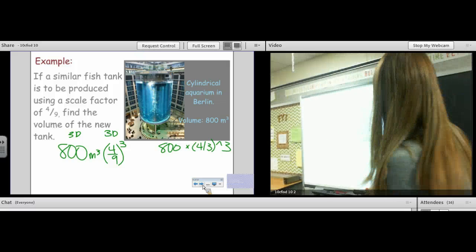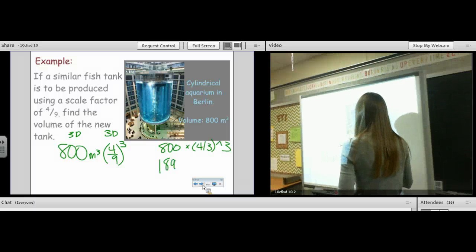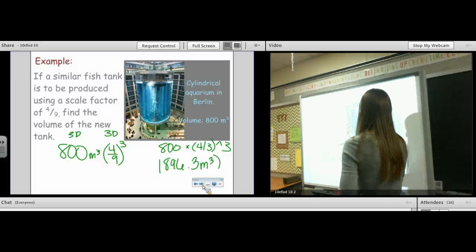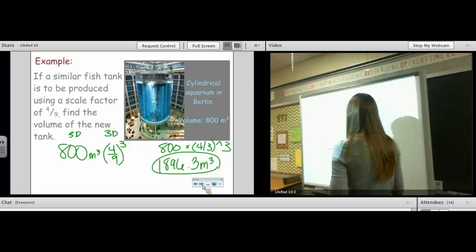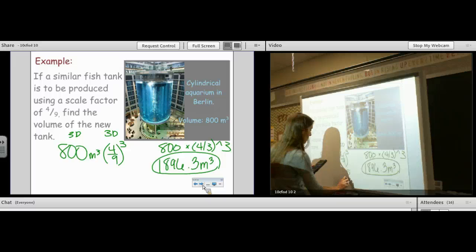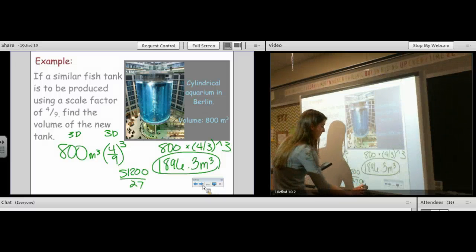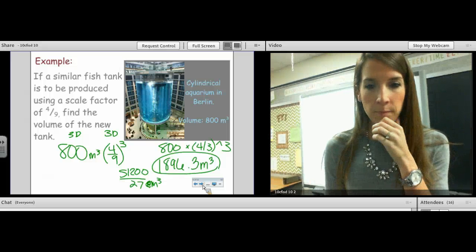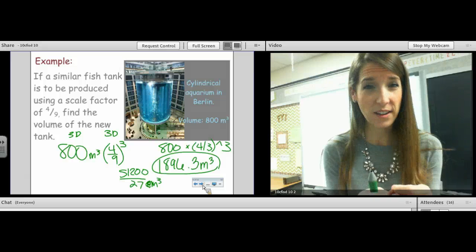And since it's a real world problem, we might want to put it in decimal form, 1896.3 cubic meters. Or if we were asked for an exact answer, if we wanted to be super exact, it would be very ugly. It just depends on what the problem asks for. Oops, I put centimeters, meters, cubic meters. Okay, so all I did in this problem was I cubed my scale factor because we're doing volume.